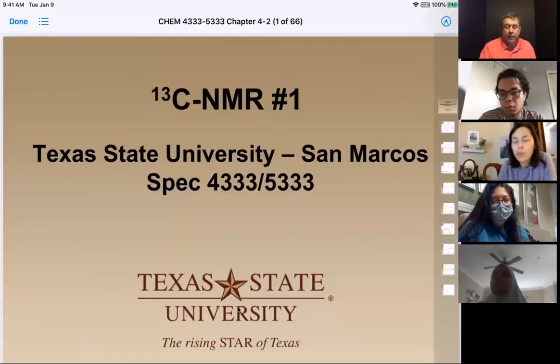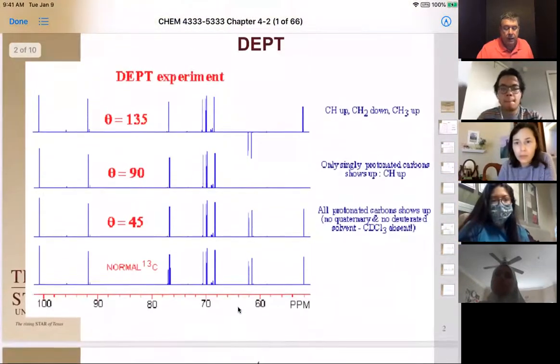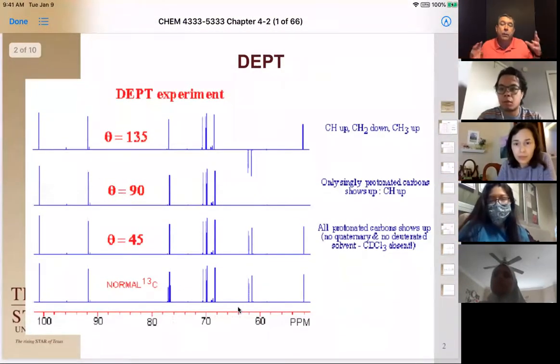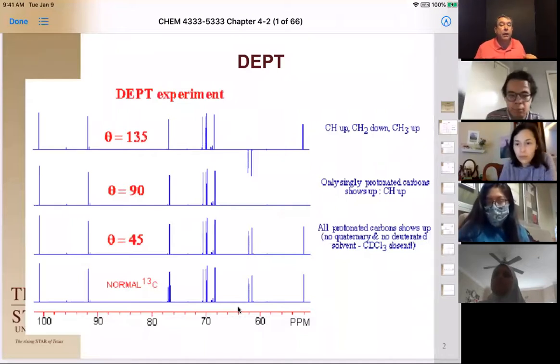So for today, we're going to do kind of the same thing, and I'm going to add one little addition to it. I want to remind you that when we do a DEPT experiment, the different angles mean different things. In the DEPT-135, odds are up, evens are down, and the quaternaries don't matter.